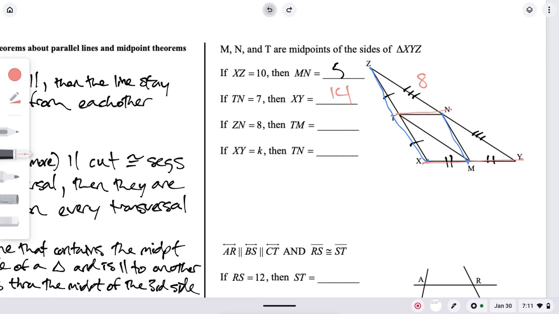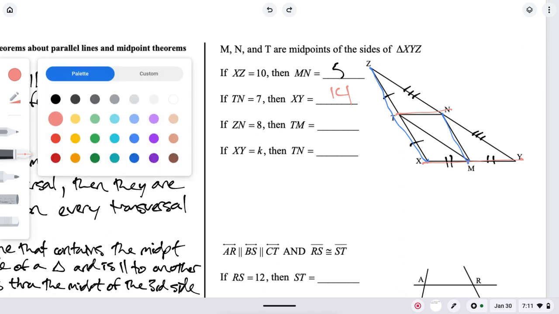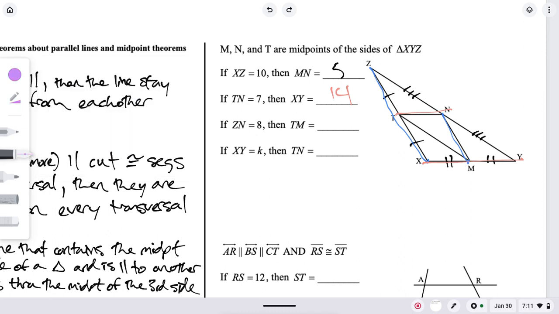I actually wanted to change colors. Sorry about that. So if ZN is 8, and then I'm worried about TM here, TM is half of all of ZY, but ZN is half of ZY, so this should just be 8. If that makes sense. Sorry, I was just trying to figure out how I should mark that.